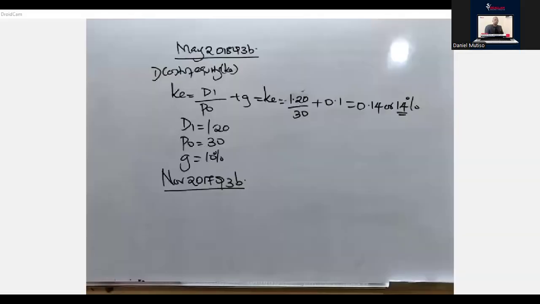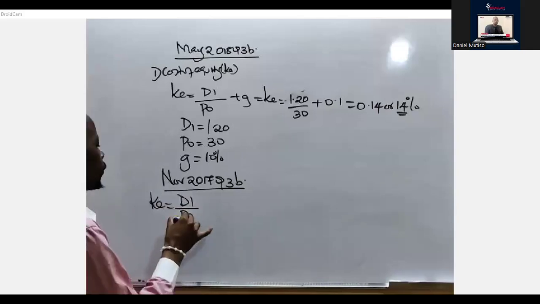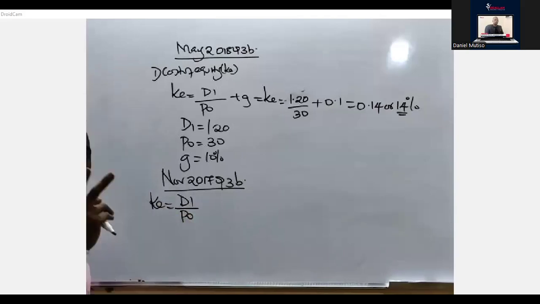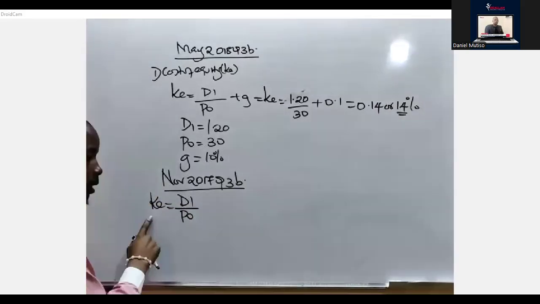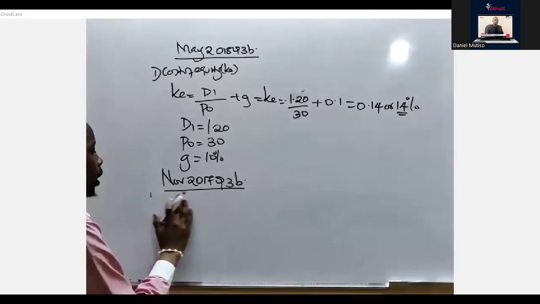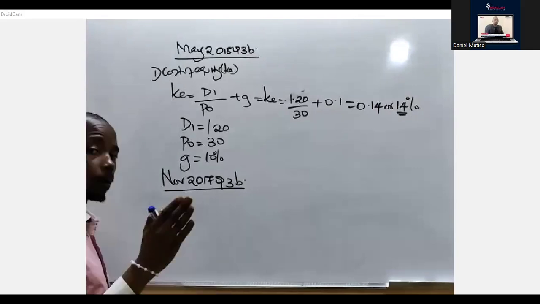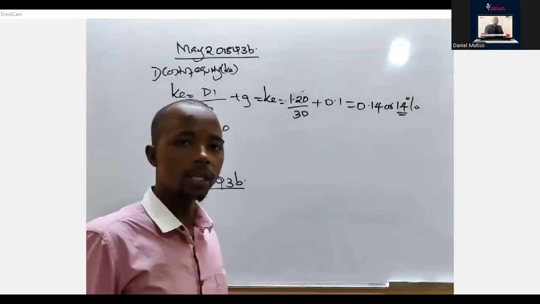Now, when you look at that note, to get my cost of equity, I take D1 over P0. And now we are calculating two costs of equity, because we have to look at the cheaper between the ordinary share capital and the retained earnings. I remember I was able to explain this to you.